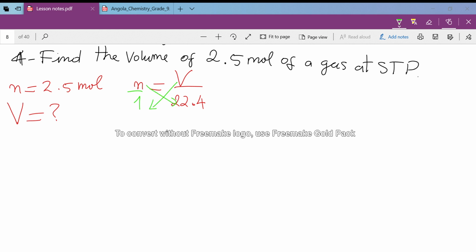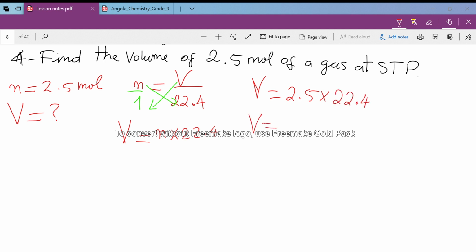We will have 1 times V, which is V, equal to number of moles times 22.4. So volume will be the number of moles, 2.5, times 22.4.